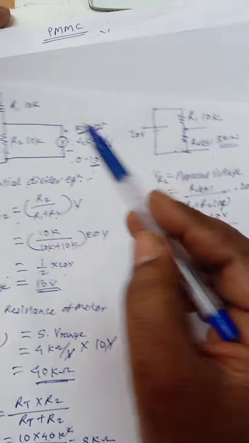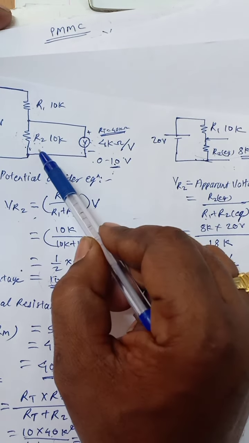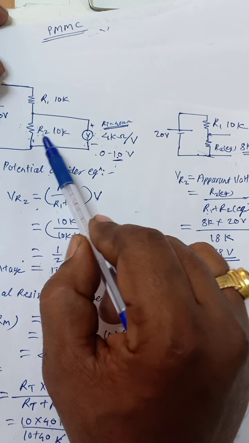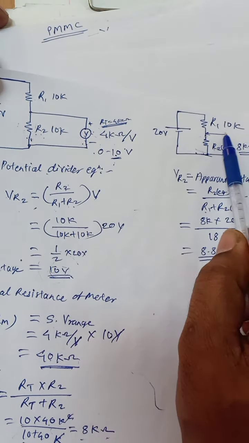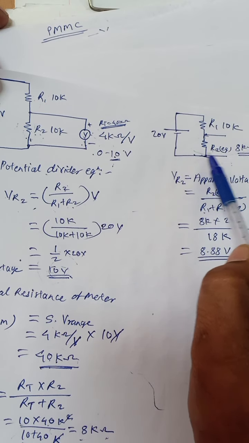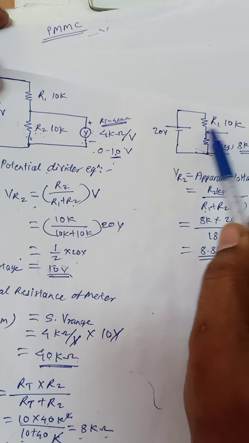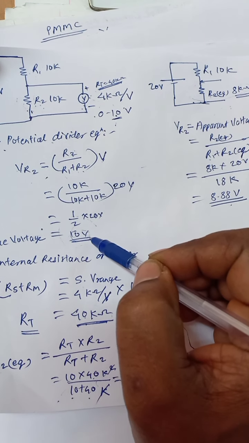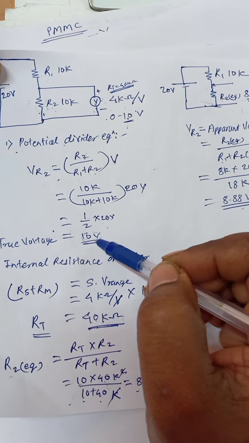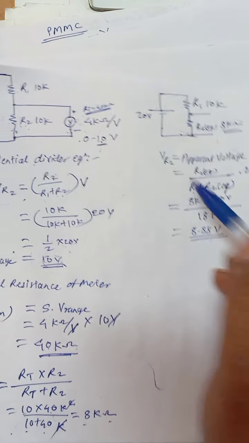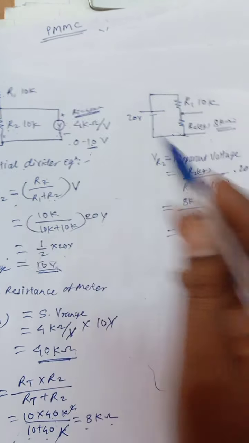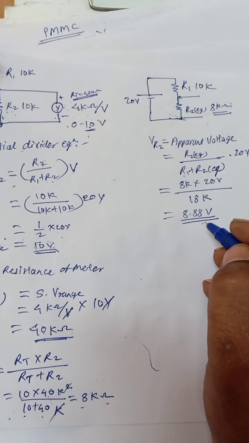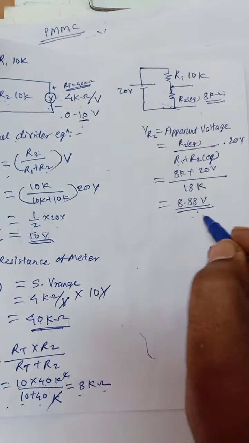If we connect a voltmeter across this resistance, it changes the effective resistance, and accordingly we get less voltage than the true voltage. We should get 10 volt, but the voltmeter measures a lesser voltage, 8.88 volt.